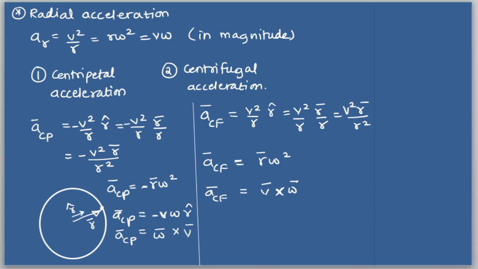Next, the next thing is centripetal or centrifugal force. Let us write the centripetal or centrifugal force which is acting on the particle revolving in the circle. So write down centripetal and centrifugal force.